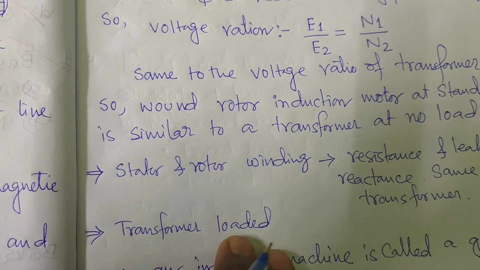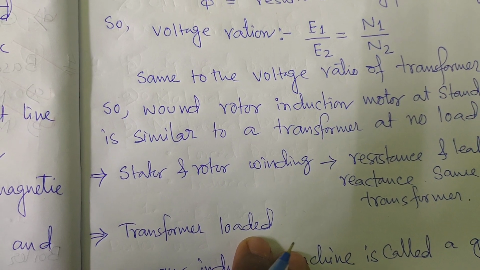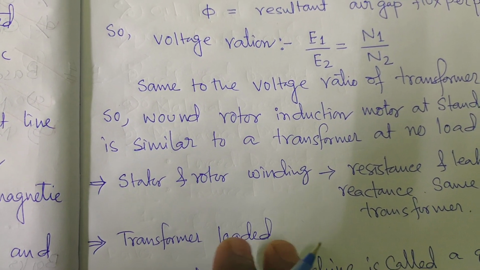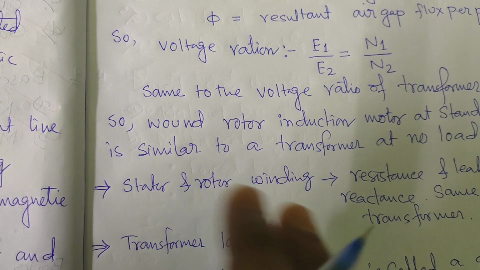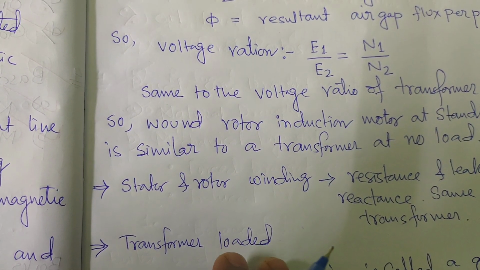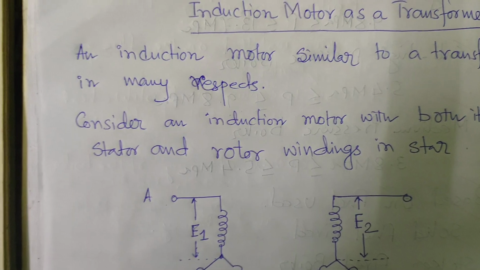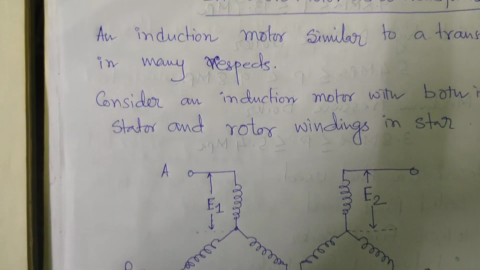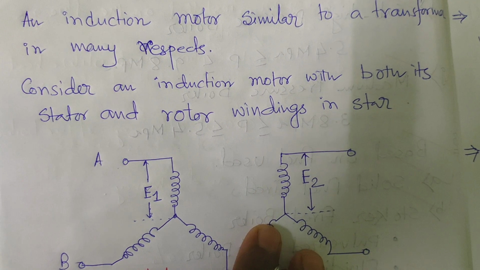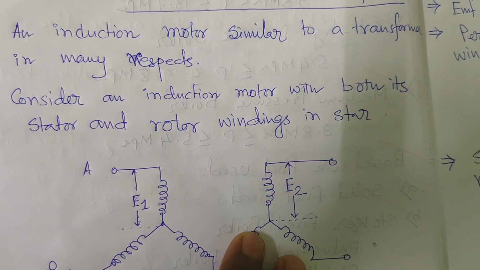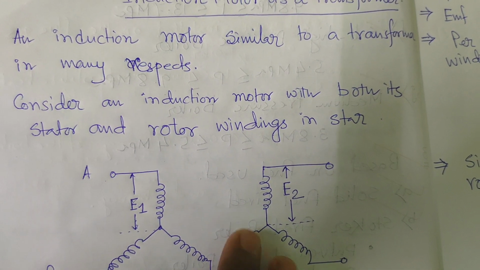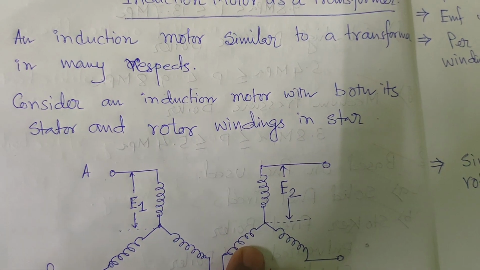And if the transformer is loaded, the secondary winding will be energized. The MMF of the secondary current reacts on the primary of the transformer, in order to draw the power from the AC source.